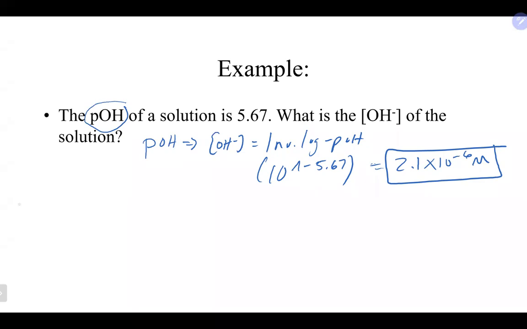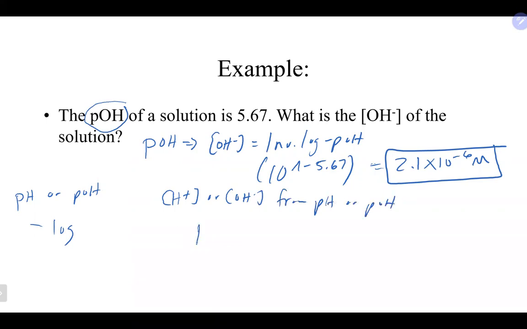So again, if you're doing any type of pH or POH calculation, those are your minus the logs that you want to use. If you're trying to find H plus or OH minus from a pH or POH, then that is your inverse log of the negative, whatever it may be. So those are the two major ways that you want to use those formulas.